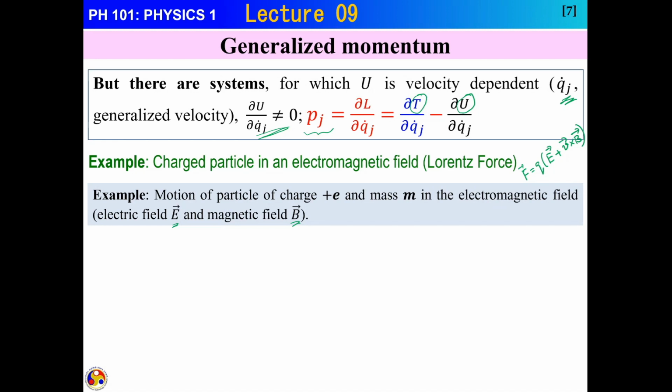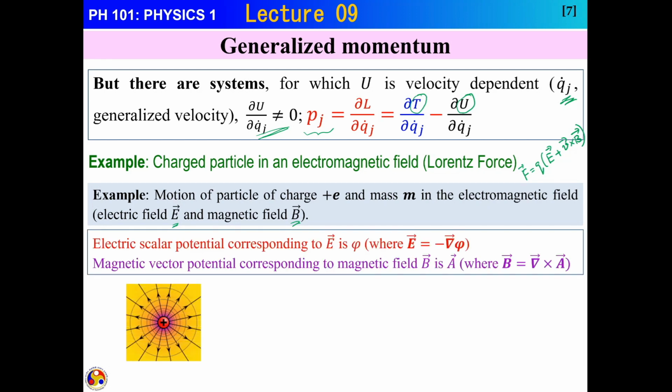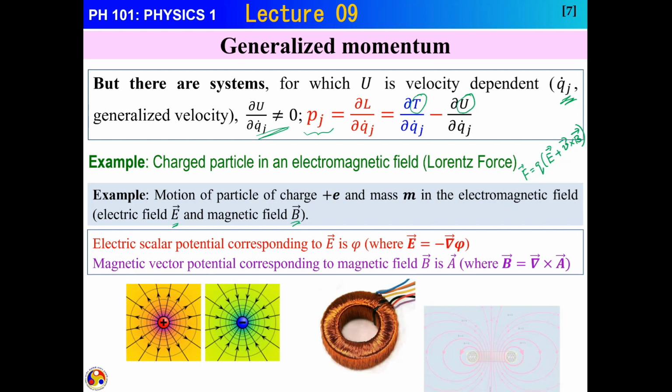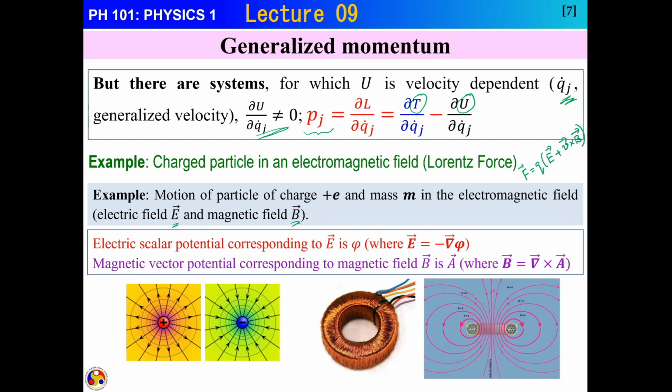Then we need to have two types of potential, because they are associated with both fields. One is the electric scalar potential, which gives information about this electric field if I take the gradient of this potential. Right, that you know very well. So you can see this imaginatively in the figure below.